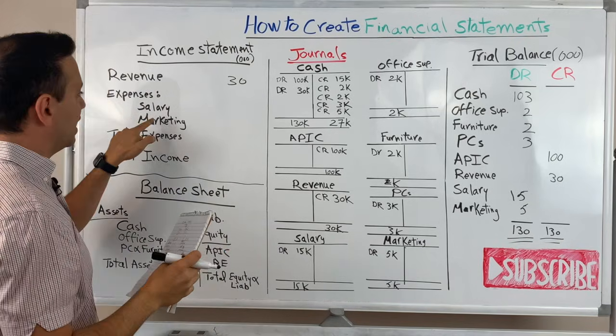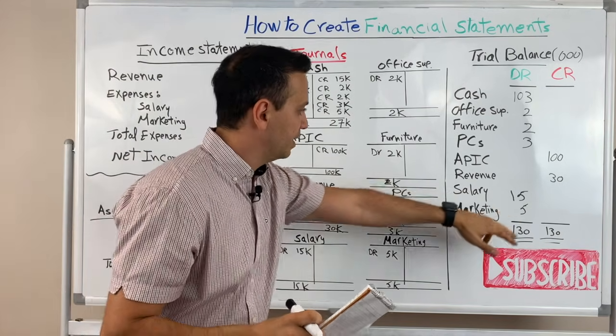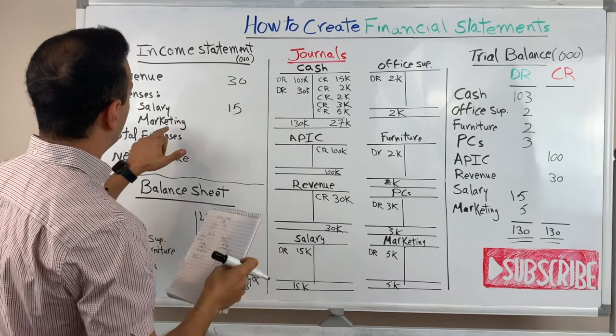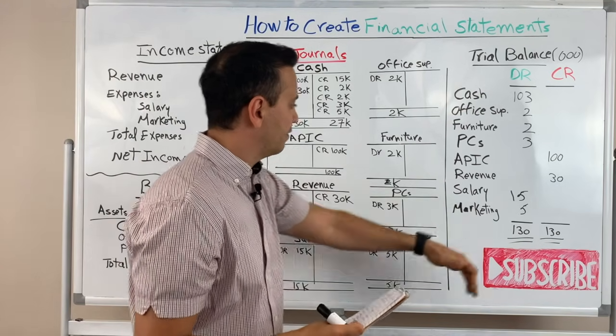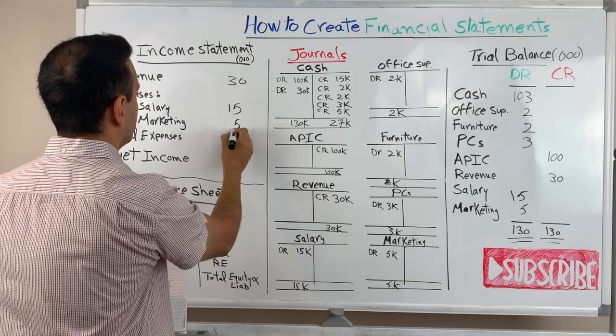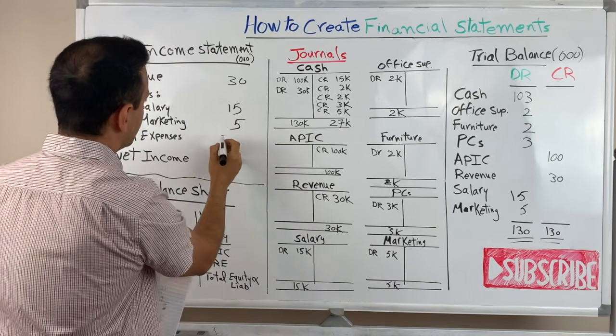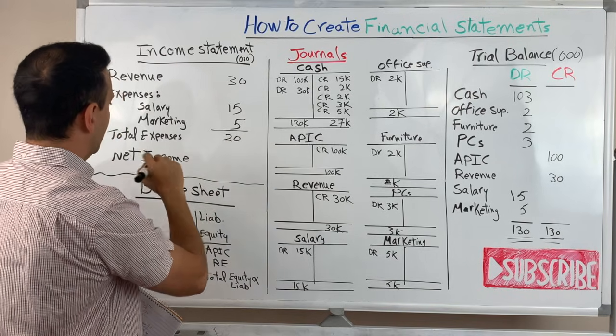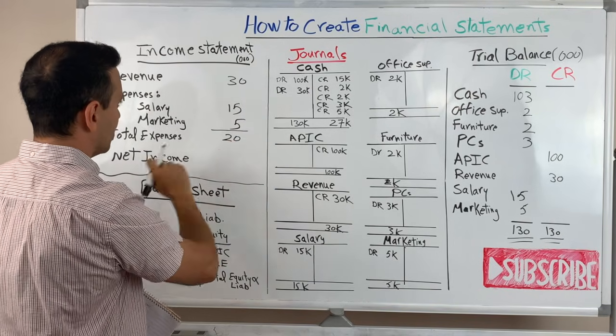Expenses, we have salary right here of 15,000. We have marketing expense, 5,000. Total expenses of 20,000. And the net income will be revenue minus total expenses.